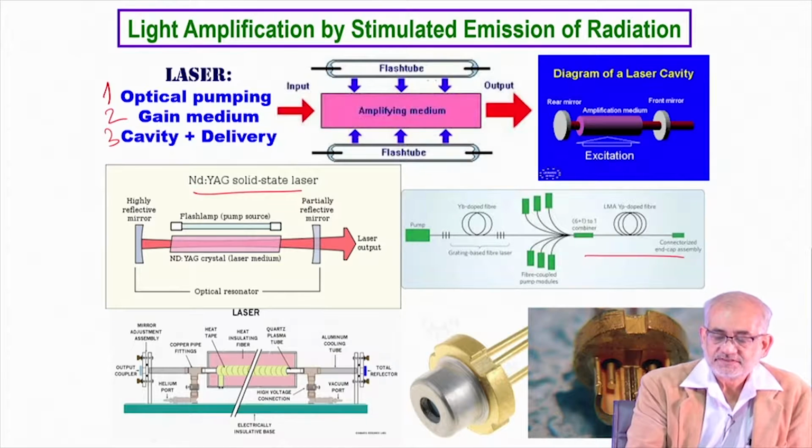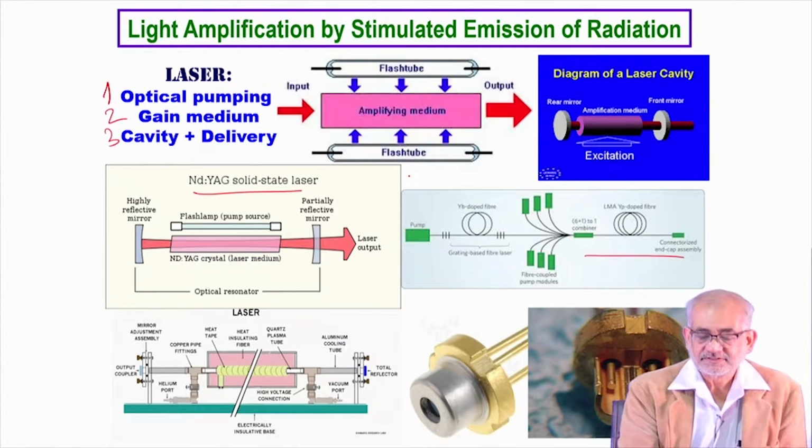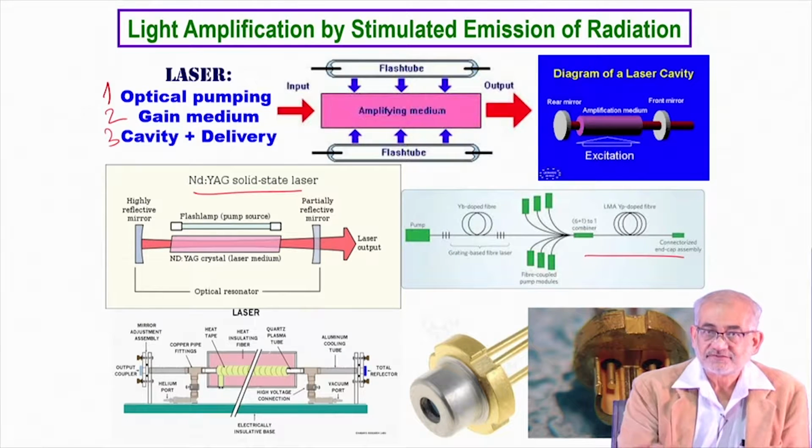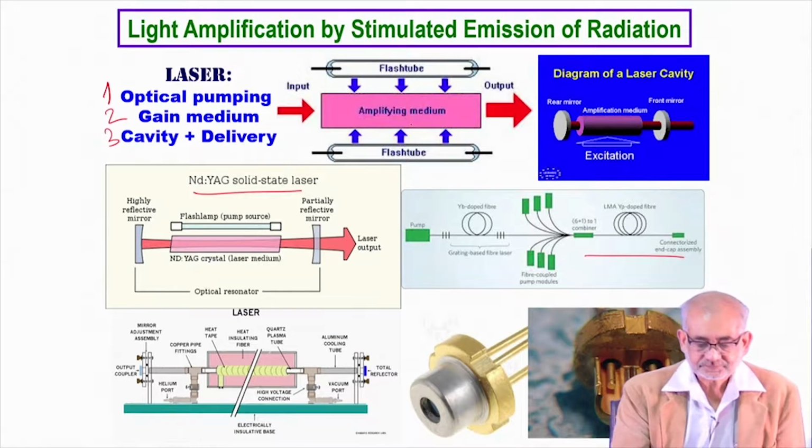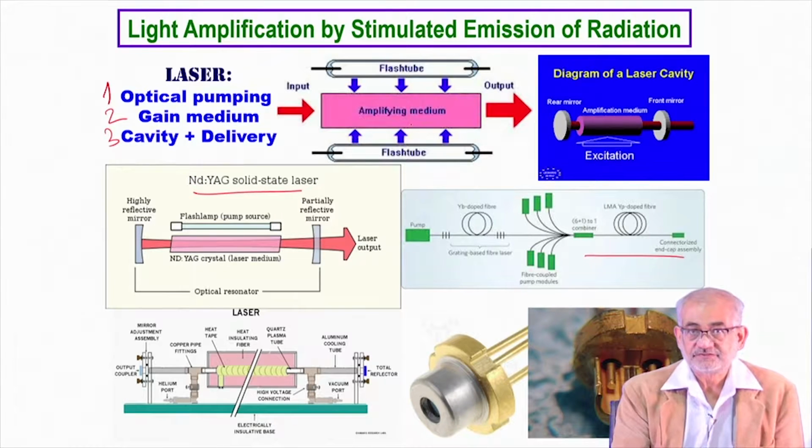So initially there will be excitation through light flashes or electrical pulses in some other cases, leading to population excitation and de-excitation, and because of which there will be random radiation generation, and then subsequently there will be a certain population which will be attaining the coherence.